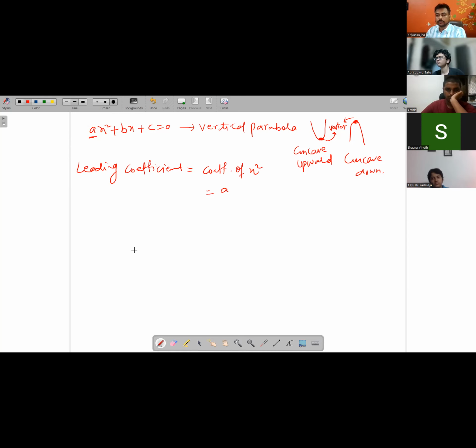The sign of A will decide the shape of the curve. Case 1, if A is positive, and case 2, if A is negative. If the leading coefficient is positive, it will have a concave upward shape, and if A is negative, it will have a concave downward shape. Okay.